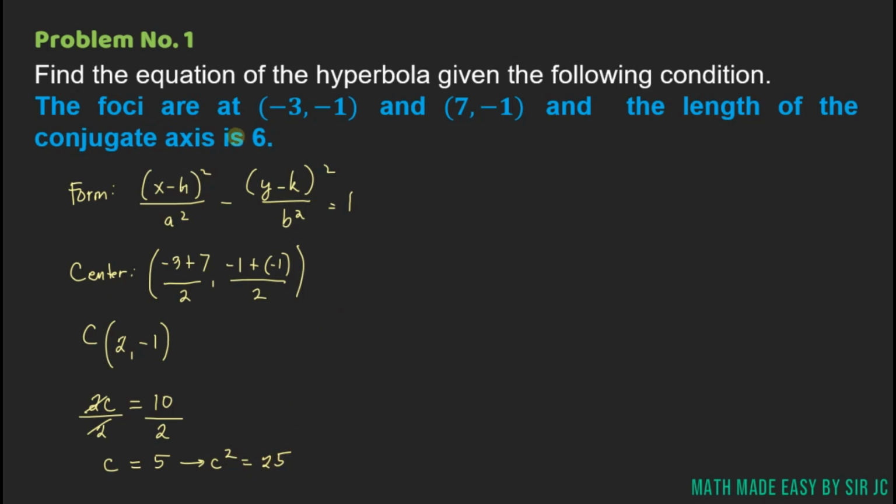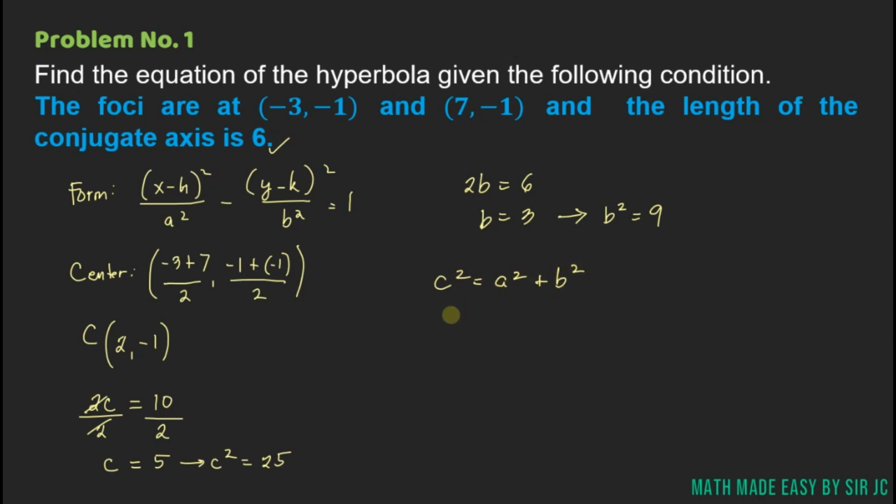Then we have the length of the conjugate axis, 6. We know that the length of the conjugate axis is denoted by 2b. So therefore, b is equal to 6 divided by 2, 3, and it follows that b² is equal to 3 times 3, 9. We can now find the value of a using the formula c² = a² + b².